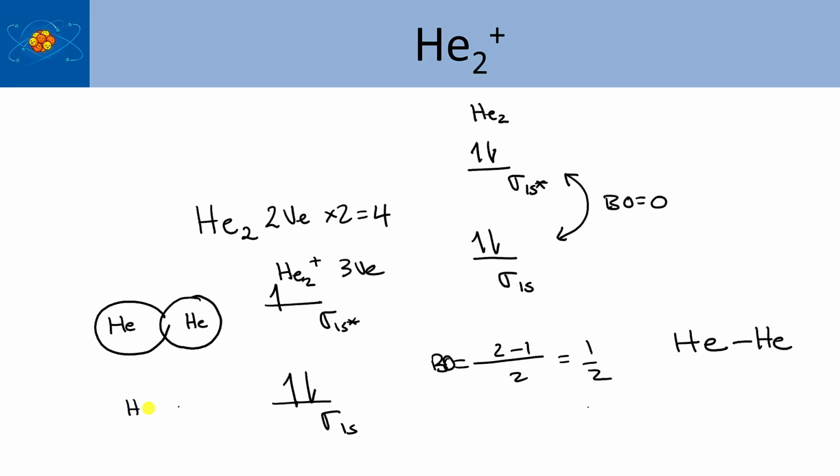So I have He, He, that goes. And then superimposed on top of that, I have an antibonding orbital. So that would be something like this, and I'll do it in a different color. It would be on the outsides like this, with the node in the middle.